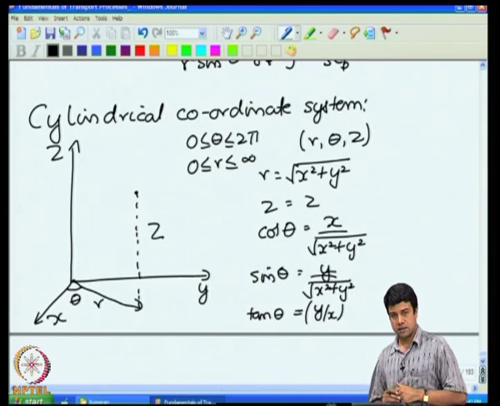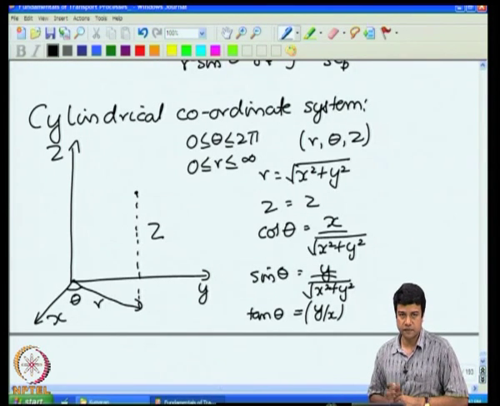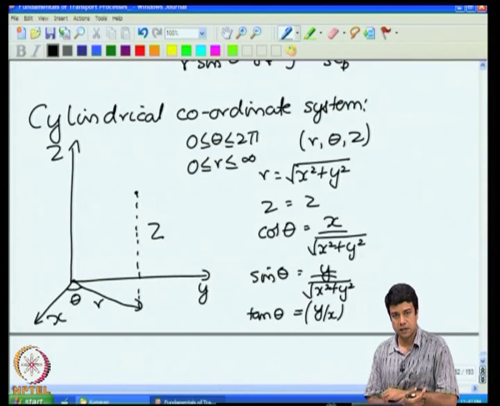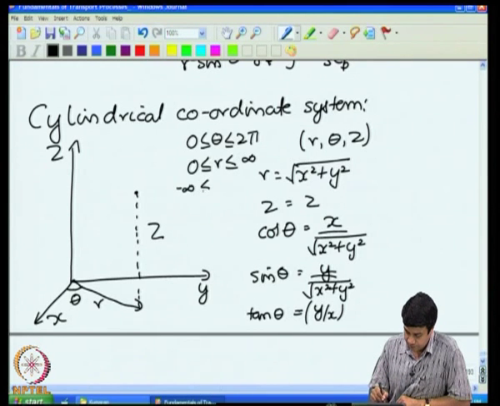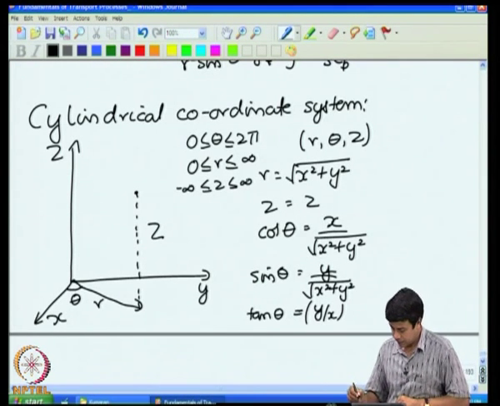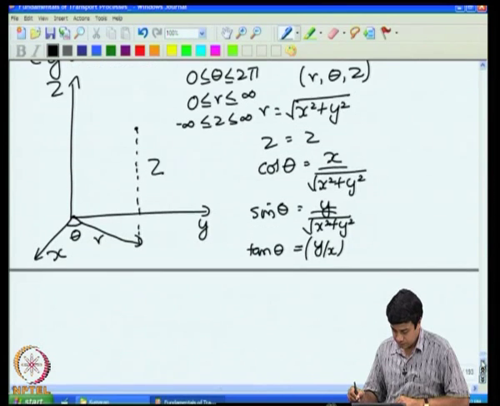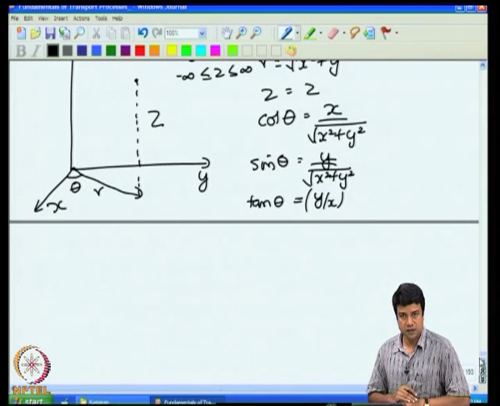R is the distance, so it always has to be positive, and z is the distance along the z axis, so this varies from minus infinity to plus infinity. We had solved shell balances using a cylindrical control volume.